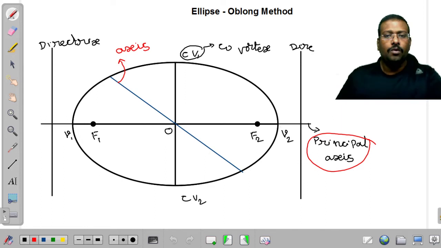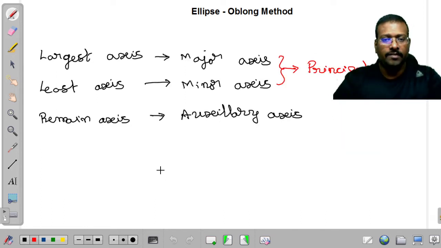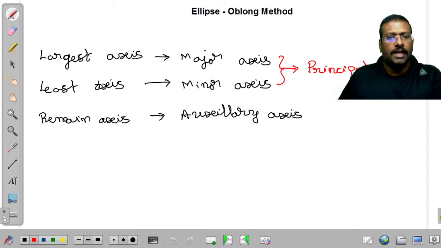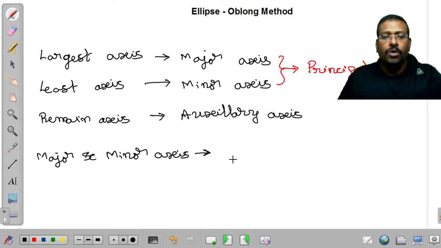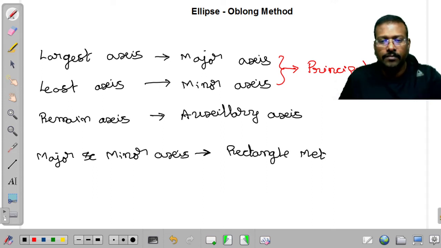So whenever in the problem the least and largest axes, like major and minor axes, are given, we are going to use the rectangle method.